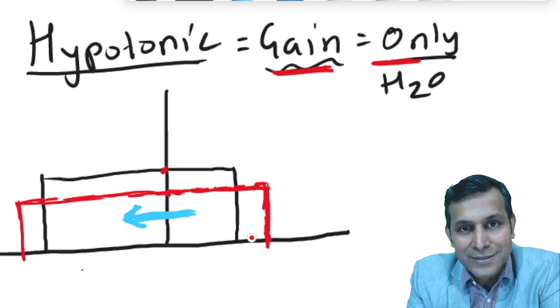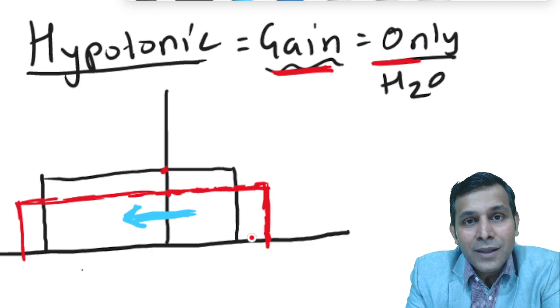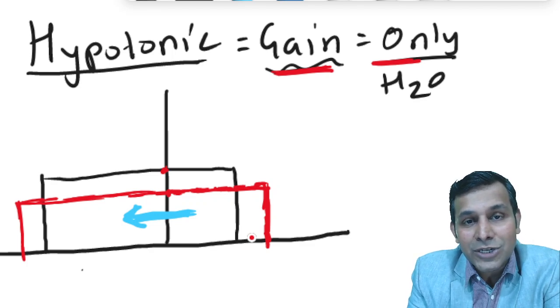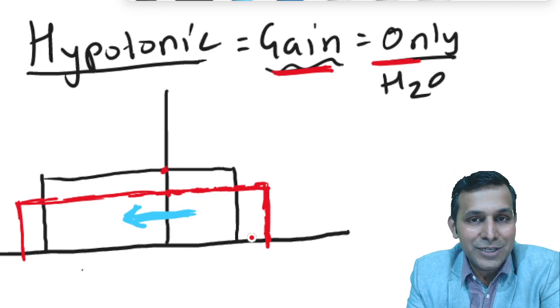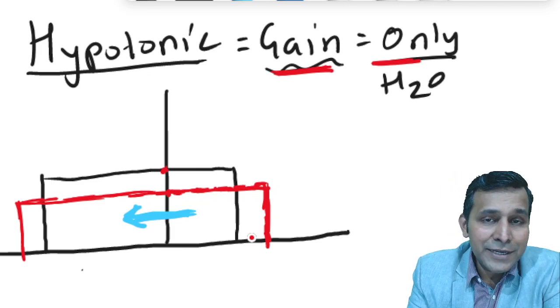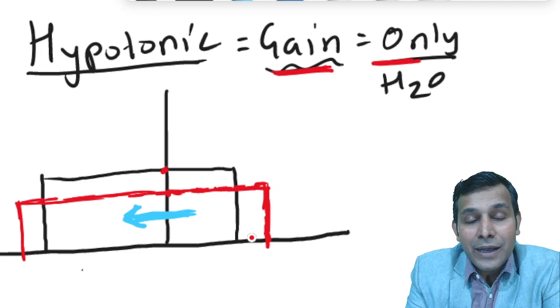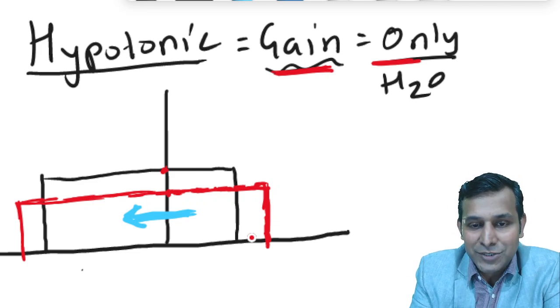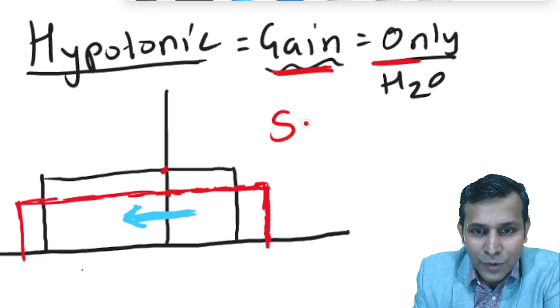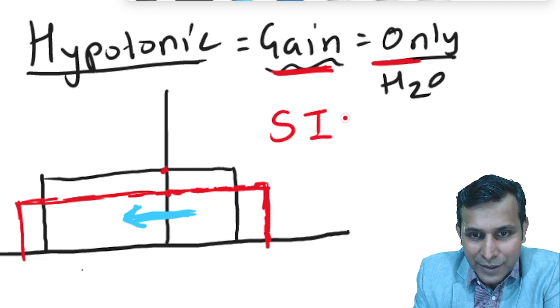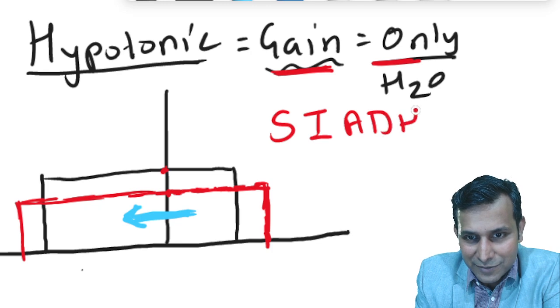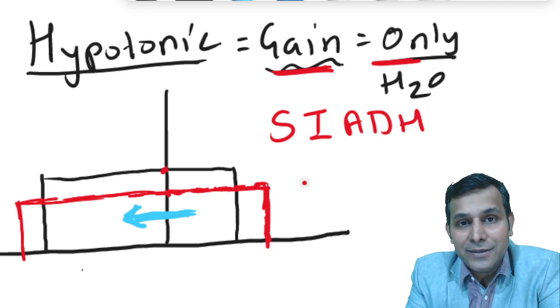This condition is seen in the surgical setup. It's called SIADH, the syndrome of inappropriate ADH secretion. ADH is anti-diuretic hormone.